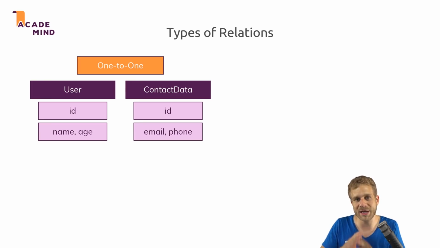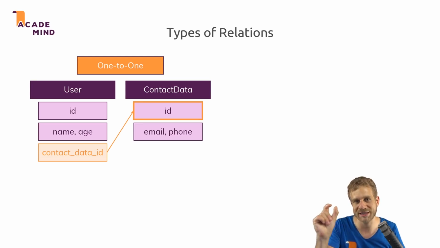And then maybe we want to separate that in two tables, but we still want to ensure that every user has one contact data piece. And that can be done by adding a contact data ID field to the user, which holds the ID of the contact data in the contact data table, which belongs to that user. And that would be one-to-one because one user has one contact data entry or record, and one contact data record belongs to one user.